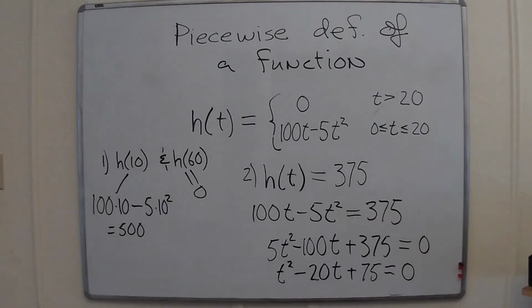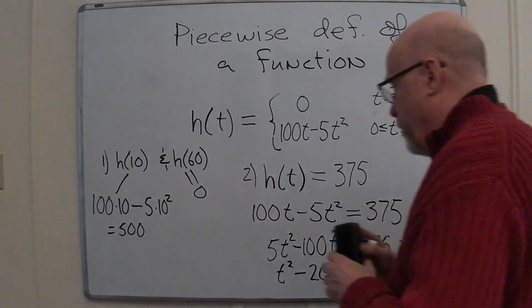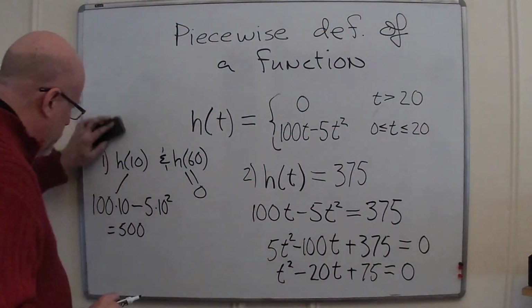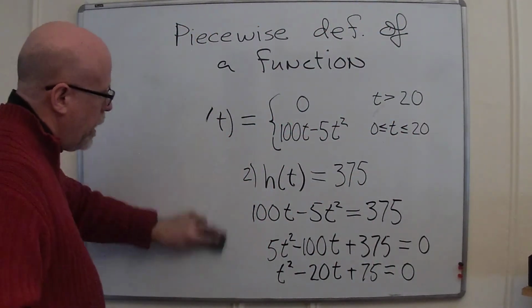Okay, so can we solve that now? It turns out, yes, you can go via two routes. You can either go by factoring or the quadratic formula. I'm going to try factoring.